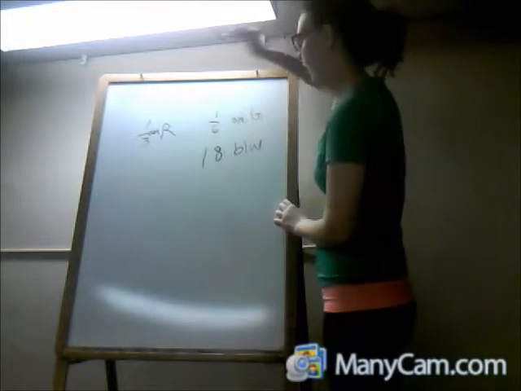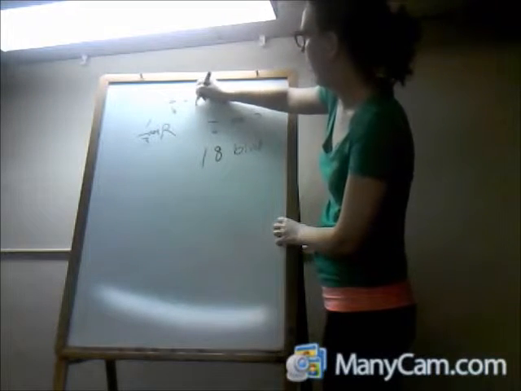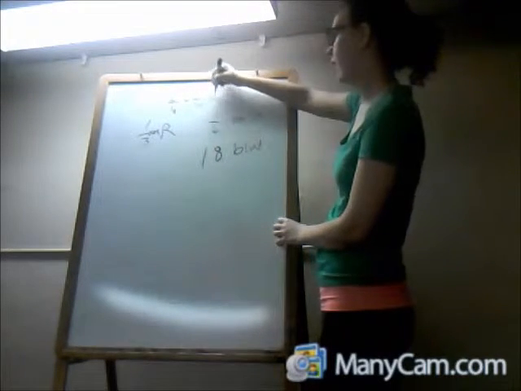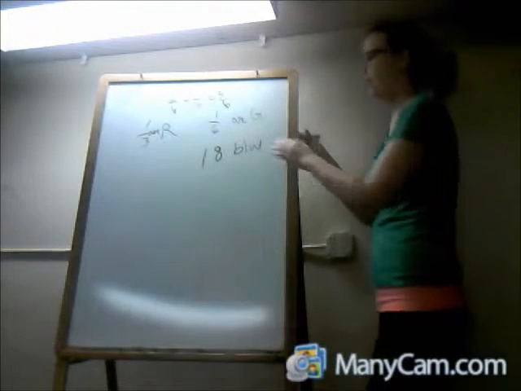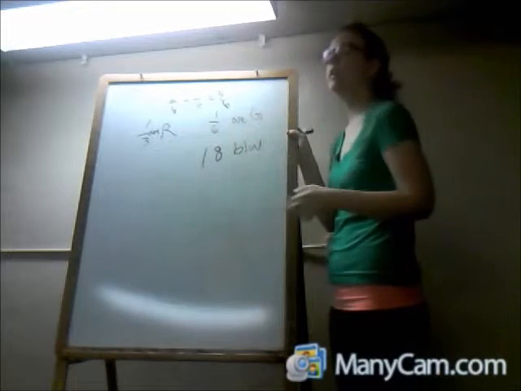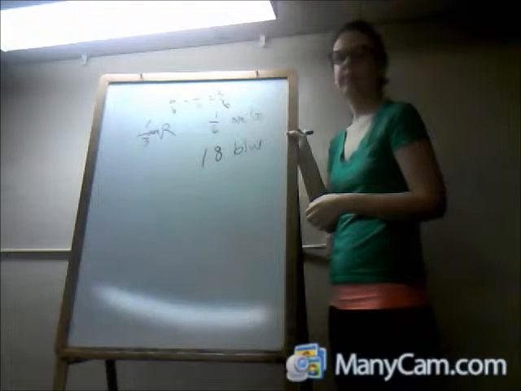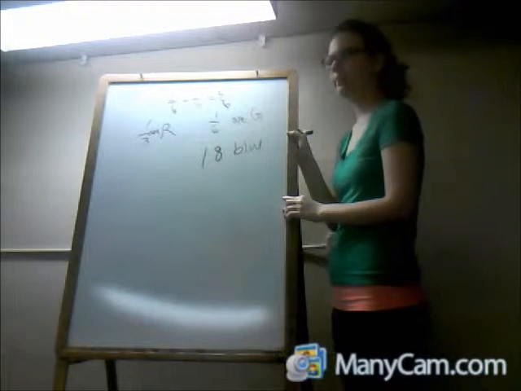We have 1/3, which is 2/6, added to 1/6, so that's 3/6. So basically half of the balloons are blue, and half are red or green. You just have to multiply 18 times 2. We get 36, and that's the answer.